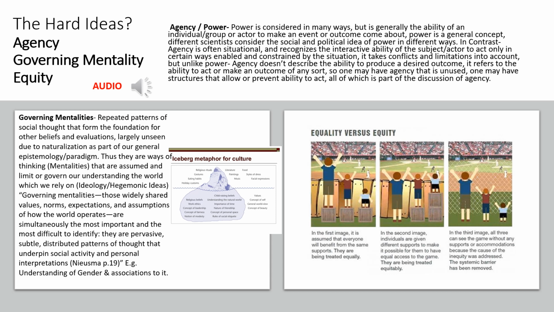So agency is situational, and when we talk about agency, we recognize the interactive ability of the subject, that is the person acting, to act only in certain ways, right? And we've talked about enablement and constraint by technologies, but this is the effect of all those technologies, all those systems, other people's actions enable and constrain.